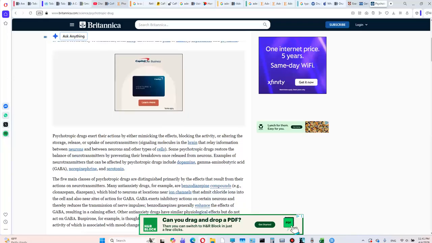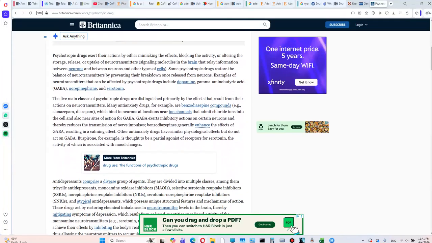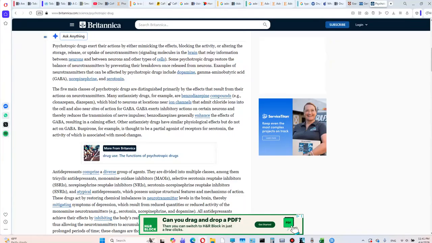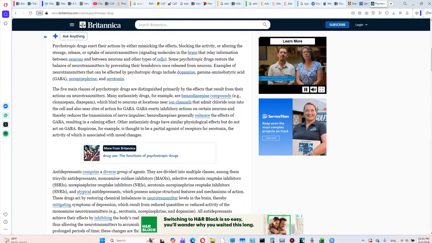Psychotropic drugs exert their actions by either mimicking the effects, blocking the activity, or altering the storage, release, or uptake of neurotransmitters, signaling molecules in the brain that relay information between neurons and between neurons and other types of cells. Some psychotropic drugs restore the balance of neurotransmitters by preventing their breakdown once released from neurons.